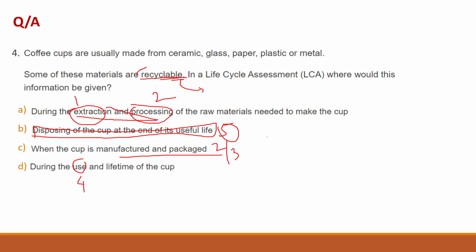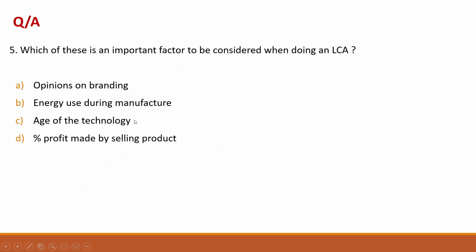So when we mention recyclability, we refer to the end of its useful life. Okay, so the correct option is B, and I believe now you have understood it's not A or D, it's B, because we talk about recycling after the product has been used through its entire life. Okay, so let's go to the fifth question.